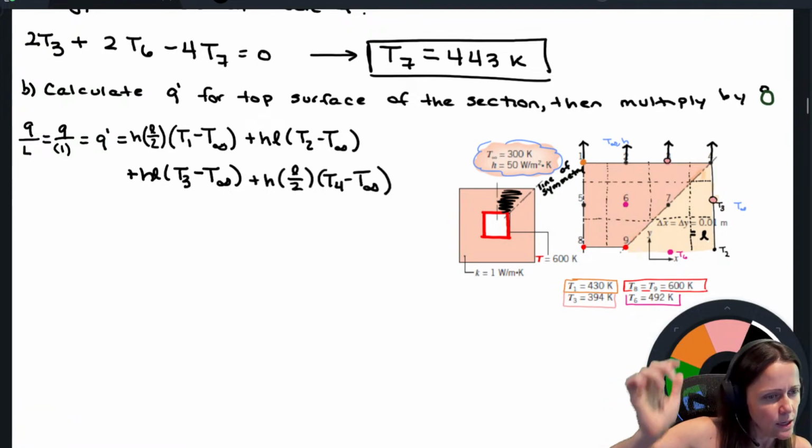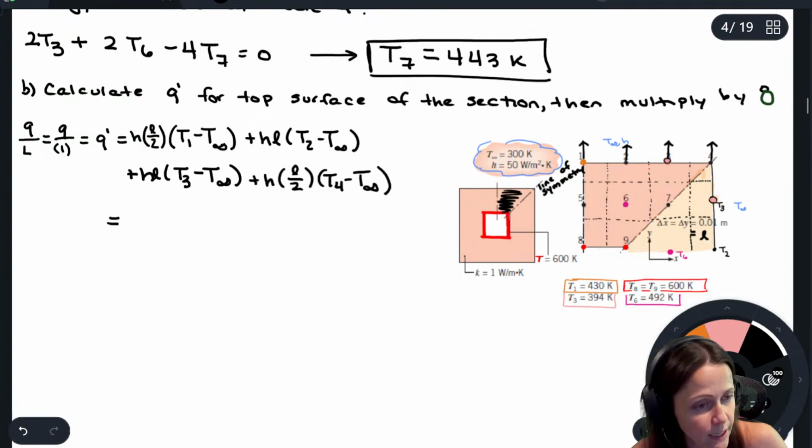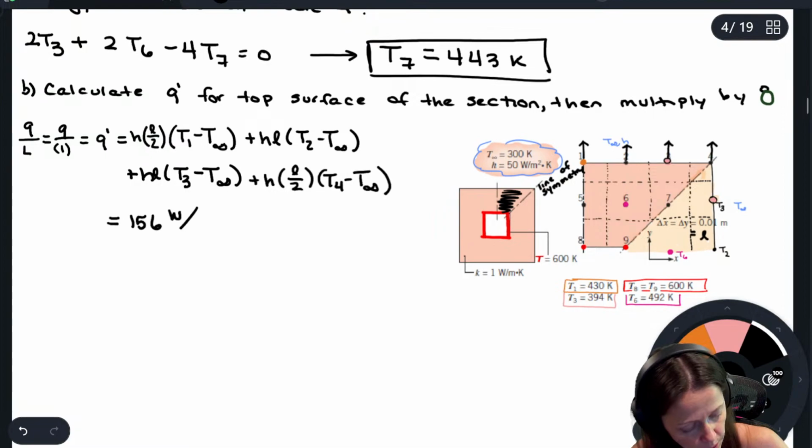So this value right here ends up being 156 watts per meter.